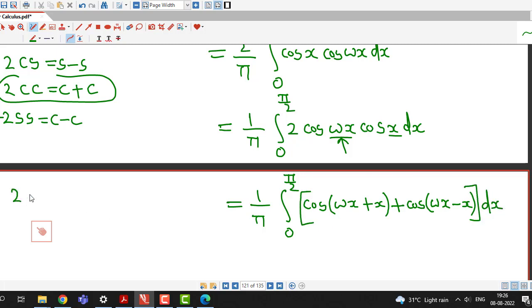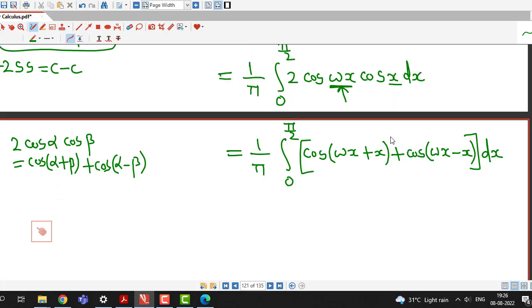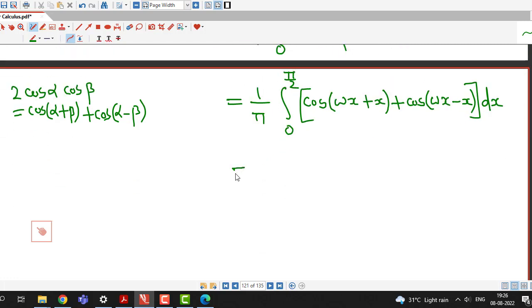We are using this formula 2 cos alpha cos beta equals cos of alpha plus beta plus cos of alpha minus beta. Alpha means the first angle omega x, and beta is the second angle.